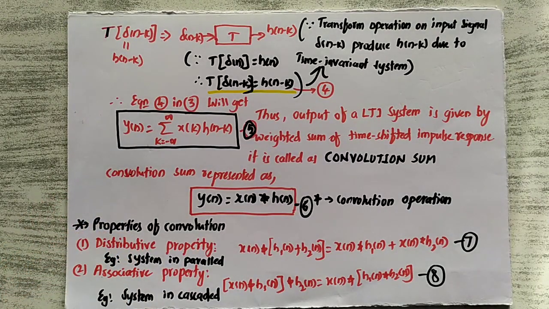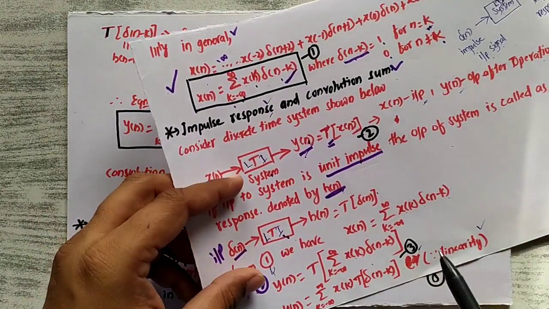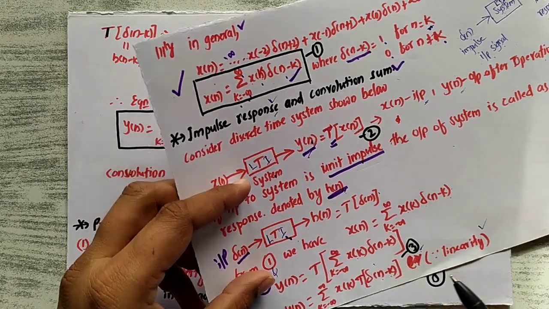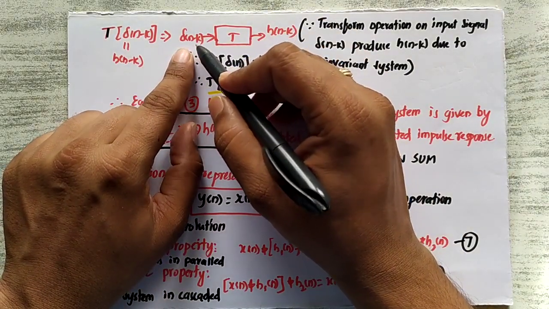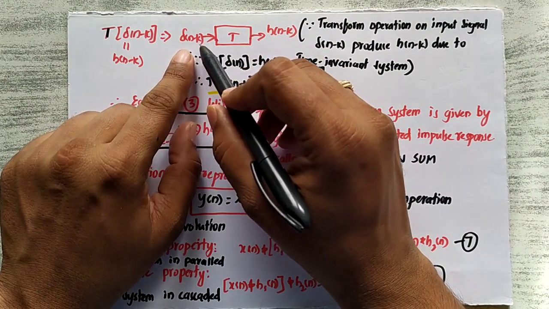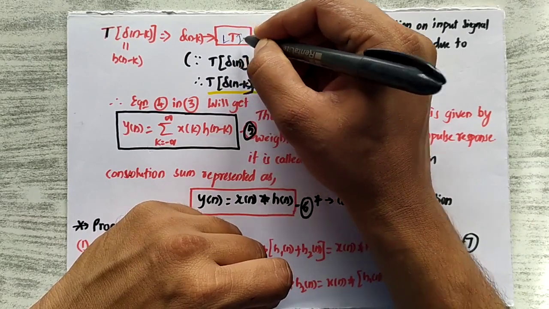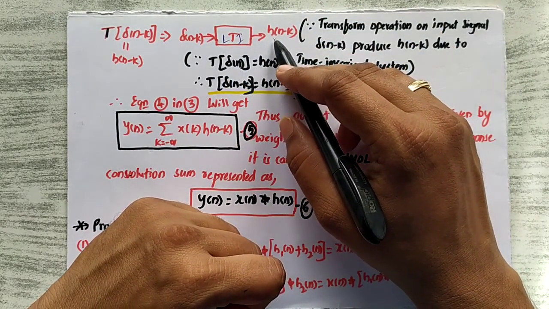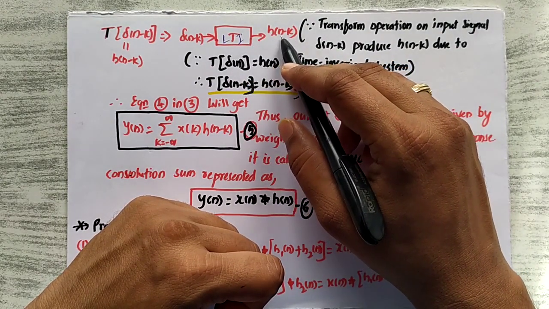Next, similarly, what can I write: the time related operation on delta n minus k. Here you can see this operation on delta n minus k is nothing but, consider the shifted input signal delta n minus k itself as the input to the LTI system, and obviously it is producing the response h of n minus k. How can we say that it is producing h of n minus k?